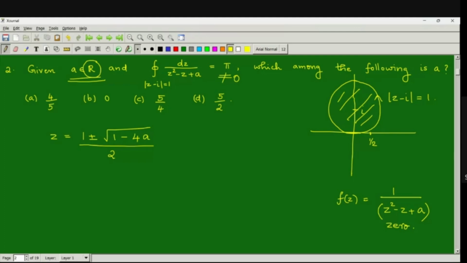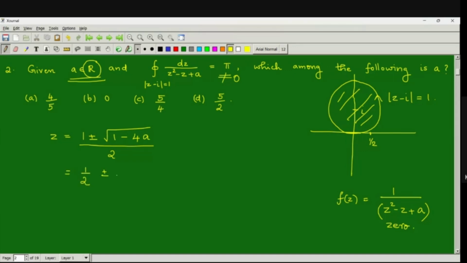Right? If these plus or minus values are entirely on the real line, then the zeros are not inside the circle, then of course the integral has to be 0, but it is not 0, right? So one thing we got is that the roots are not purely real, they are complex. Understood?